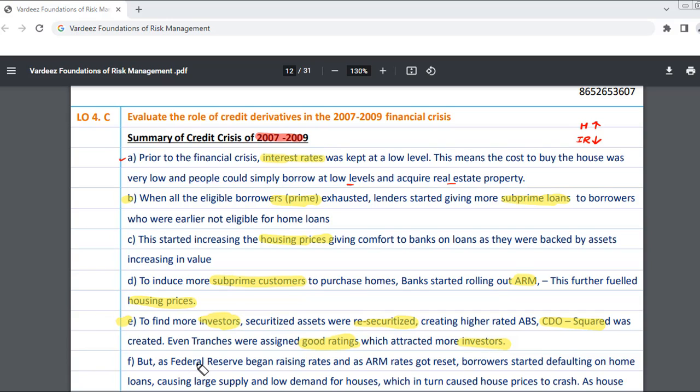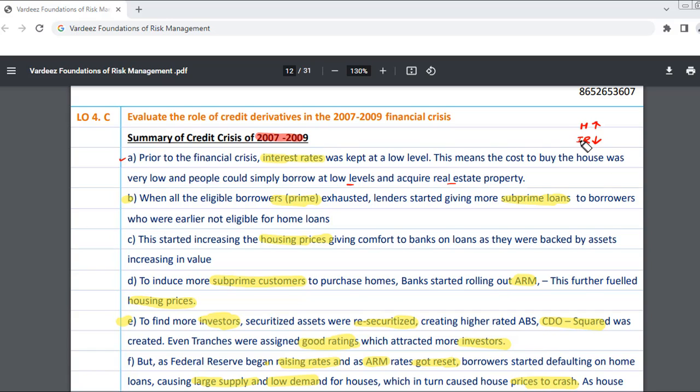But things started to change as the Federal Reserve began raising interest rates, and as the ARM rates got reset, borrowers started defaulting on their home loans. This caused a large supply and low demand for houses, which in turn caused house prices to come down, or I would say crash.